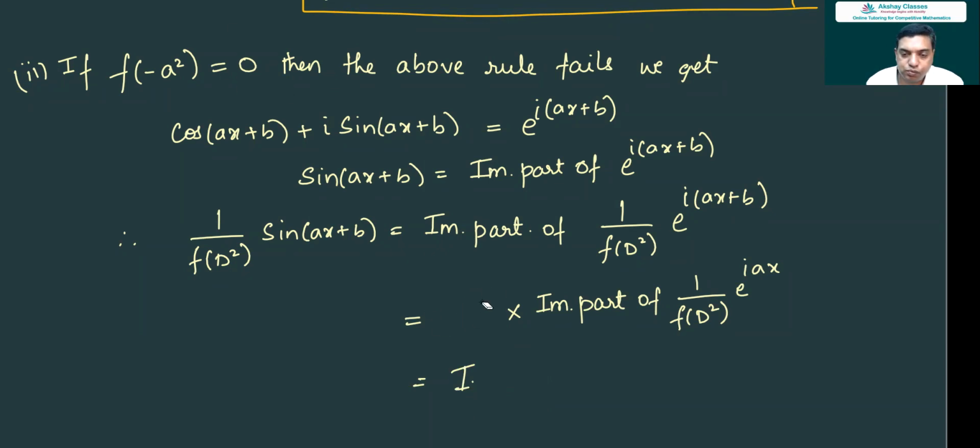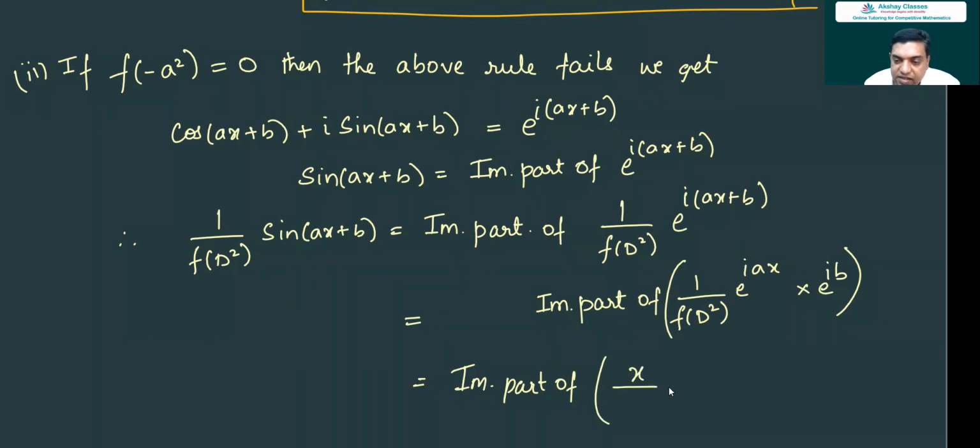So imaginary part of x by f dash of minus a square of e power iax times e power ib.